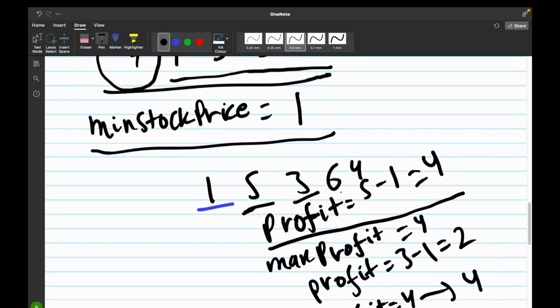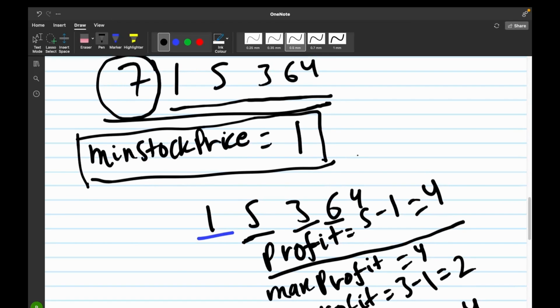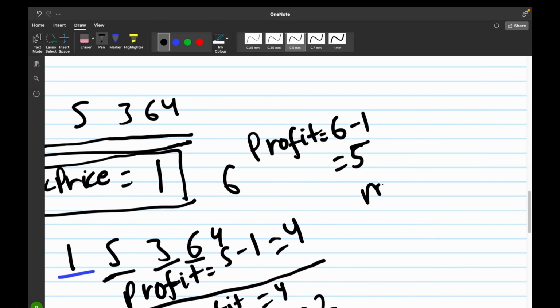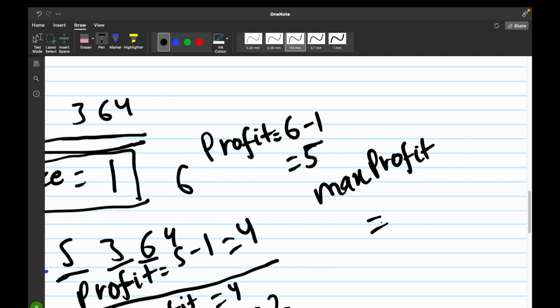Now we would compare our next element with the minimum stock price, which is currently 1. 6 is greater than the minimum stock price, so we would get the profit as 6 minus 1, that is equal to 5, and we would compare it with max profit, which is 4.